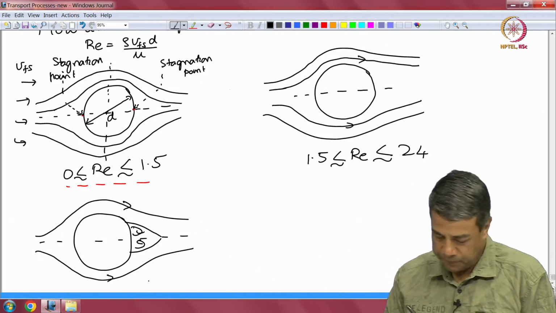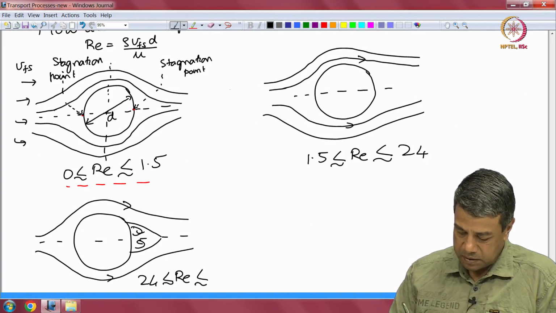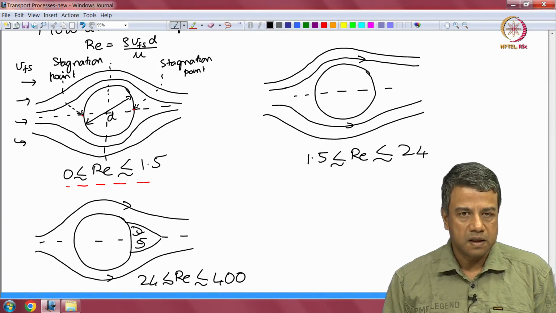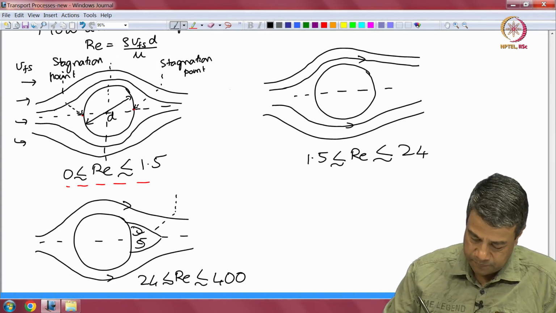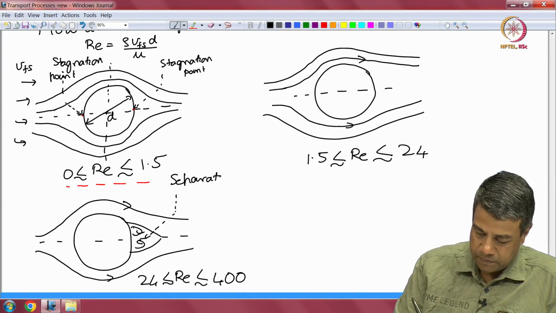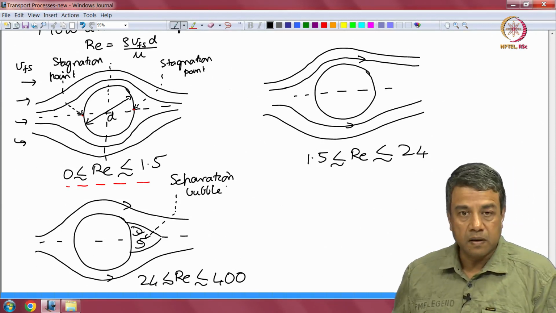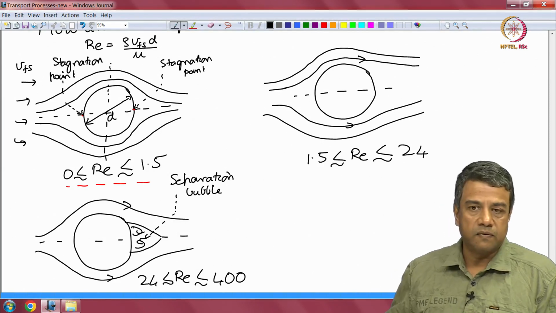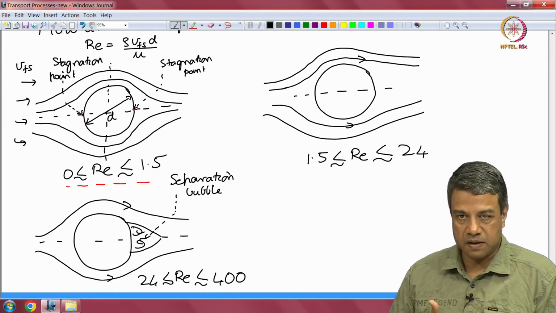This is for 24 less than Re less than 400. In this case, what you find is that there is what is called a separation bubble, consisting of closed streamlines which forms at the rear end. That is, the fluid velocity that is coming from the upstream side does not go all the way around the sphere.